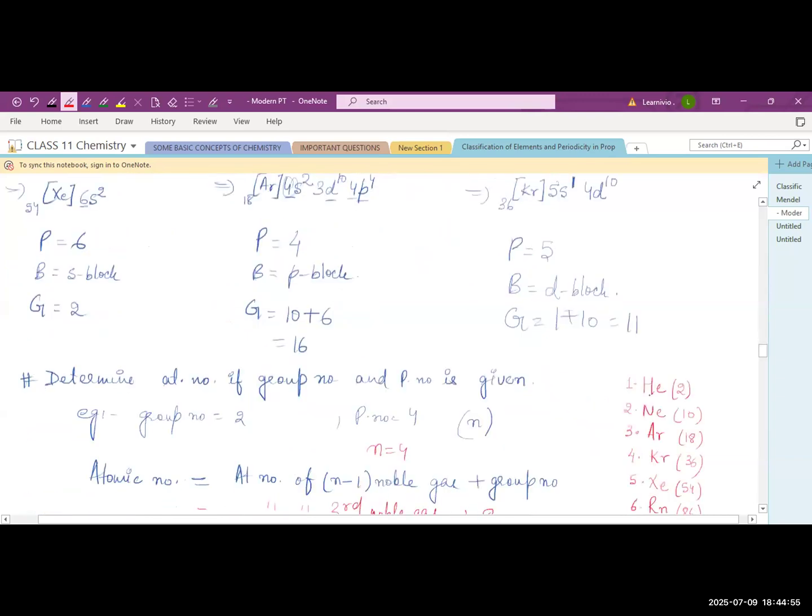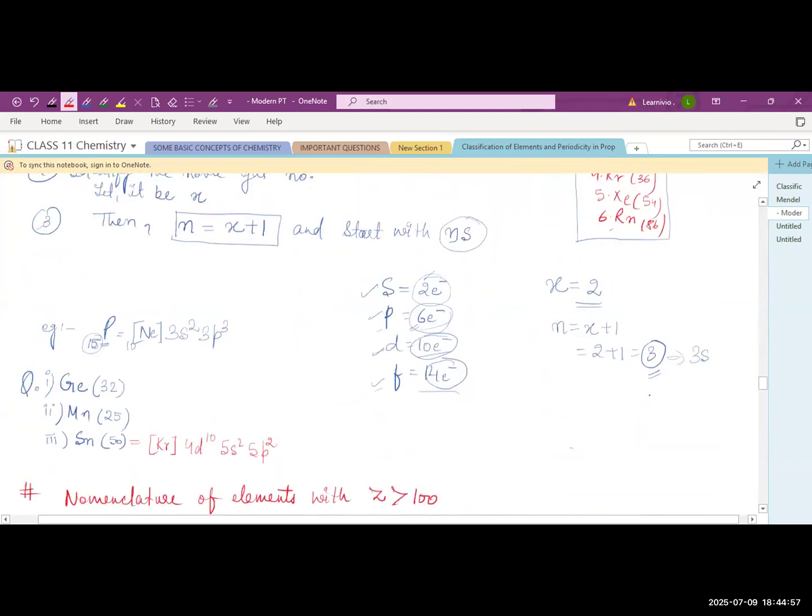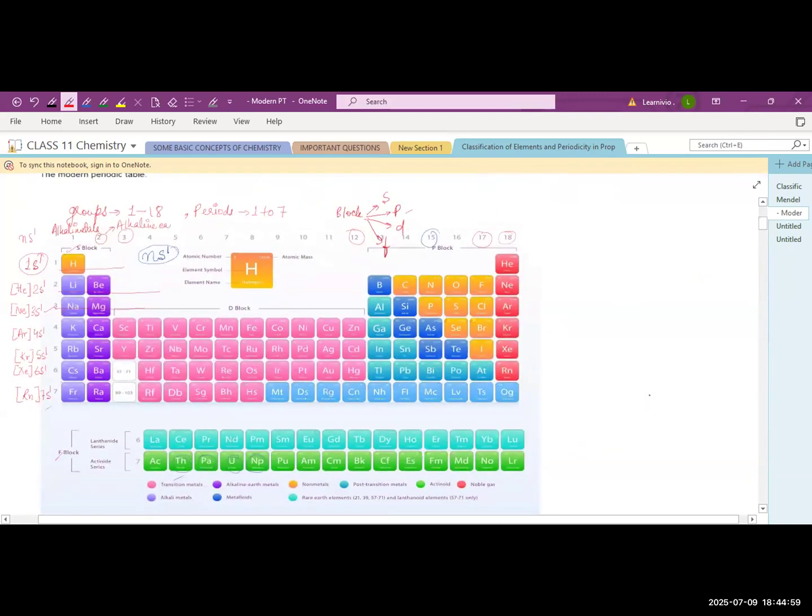For example, you can see MC, FL. For 117, it's tennessine, for TS. And this is LV, livermorium.